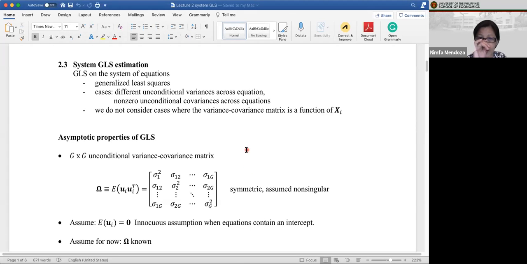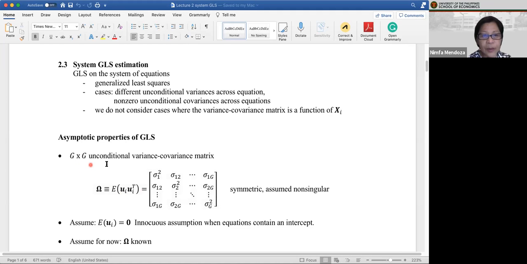Let's lay out first our notation for the variance covariance matrix. We have G equations, and for each equation we have a disturbance term. So this vector U sub i is G by 1.